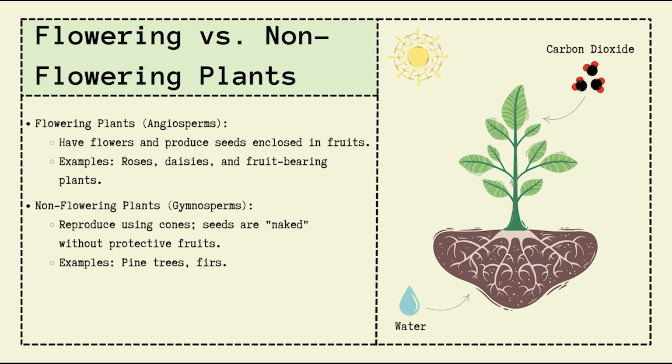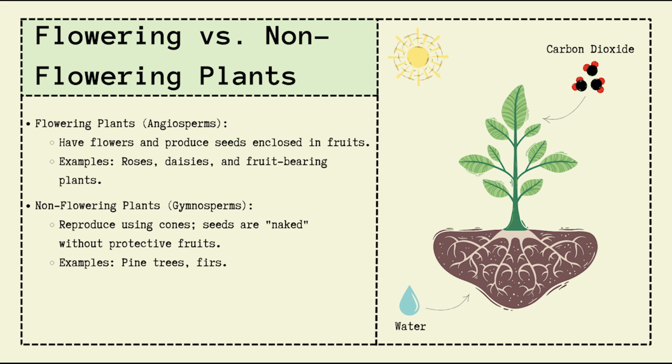Flowering versus non-flowering plants. Plants are broadly classified into two groups. Flowering plants or angiosperms have flowers and produce seeds enclosed in fruits. Think of roses, daisies, or mango trees. The other one is non-flowering plants or gymnosperms.